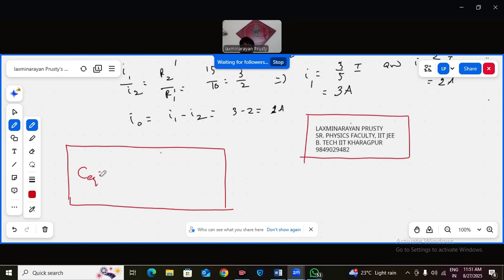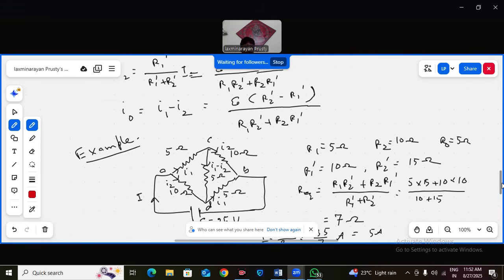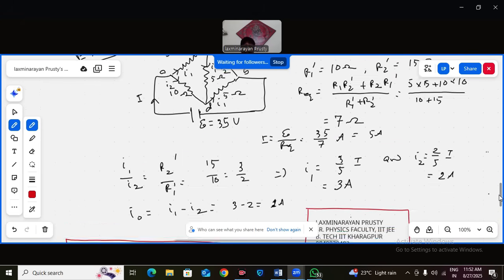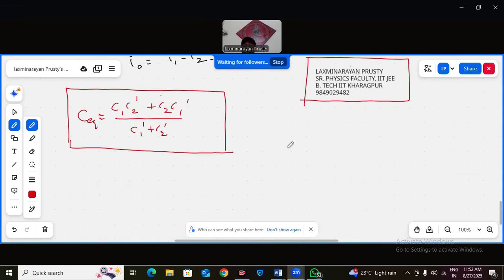C equivalent will be C1, C2 dash, same expression, where C1 dash is C1 plus C0, C2 dash is C2 plus C0. Very simple. In a resistor circuit, wherever R is there, you write 1 by C there and the job will be over.